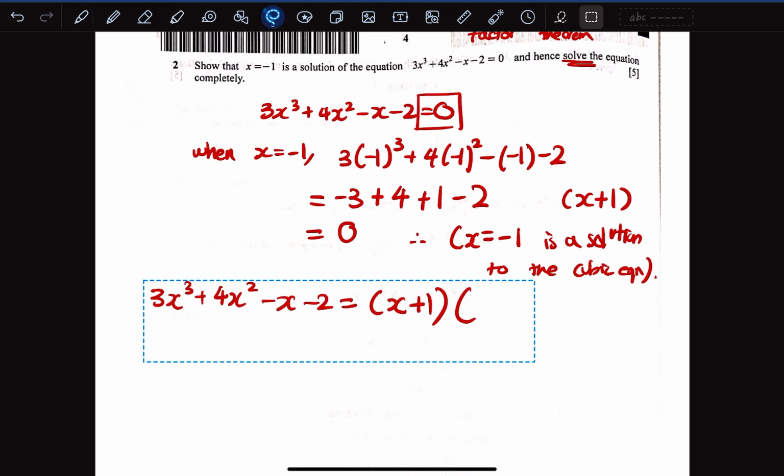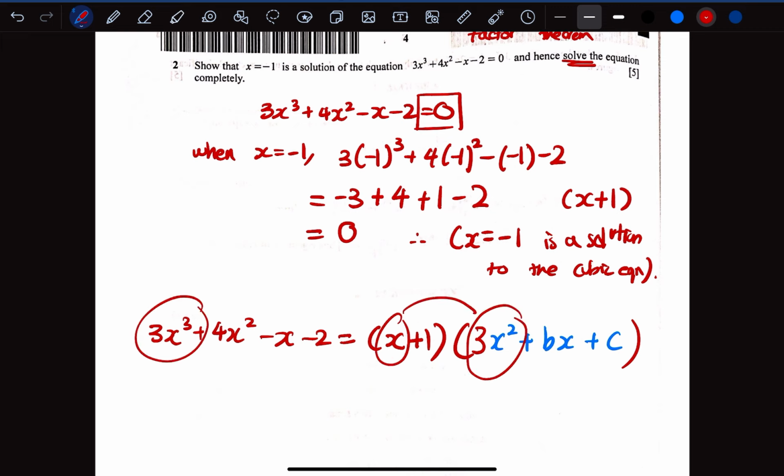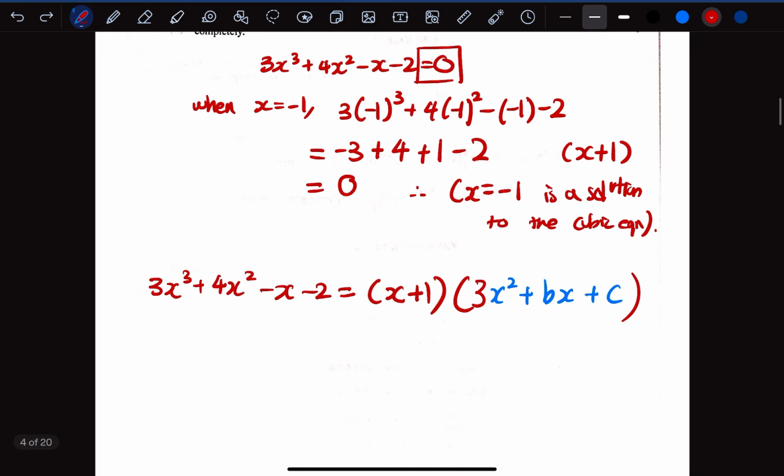And in our quotient, we will be expecting ax squared plus bx plus c, right? But here, we can actually guess our a value, because our a value is essentially just 3, because we need the cube to appear. And the only way that the cube will appear is that our coefficient of x squared be 3.